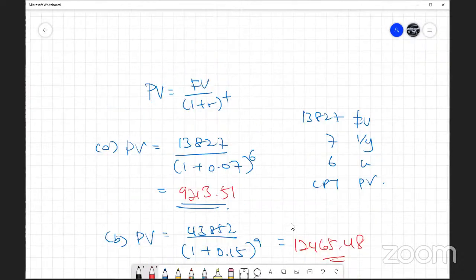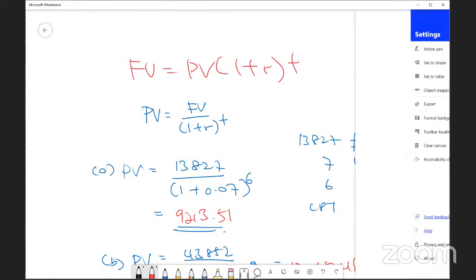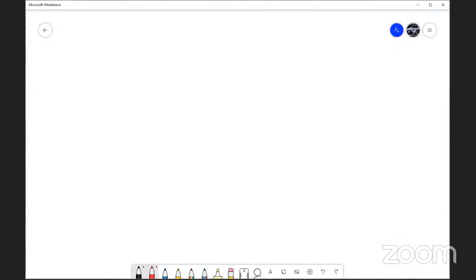Okay, it's still derived from FV equals to PV times 1 plus R power of T, but it changes a little bit on the structure of the equation. It might look a bit more complicated. So to count interest, the formula is R equals to FV divided by PV power of 1 over T, minus 1. Okay?